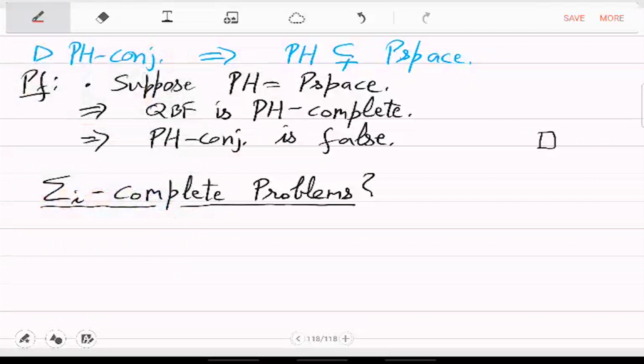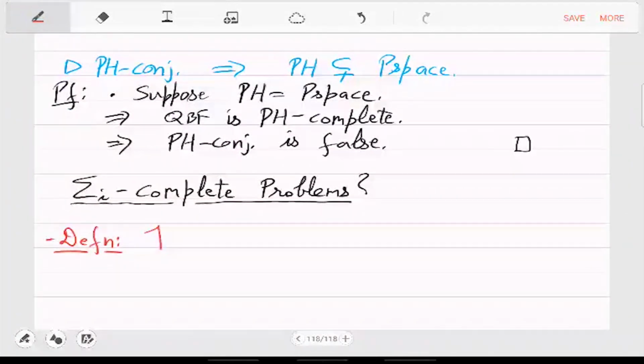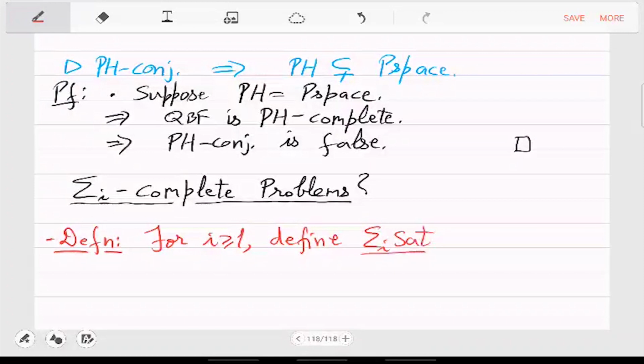So maybe SAT can be extended to a sigma 2 complete problem. So what will that be? We'll call it sigma I SAT. So it will again be about Boolean formulas.